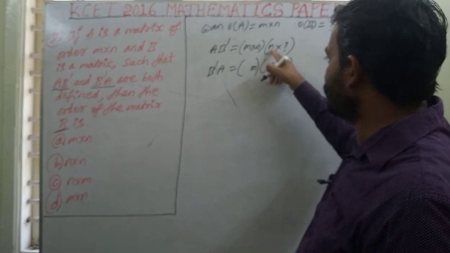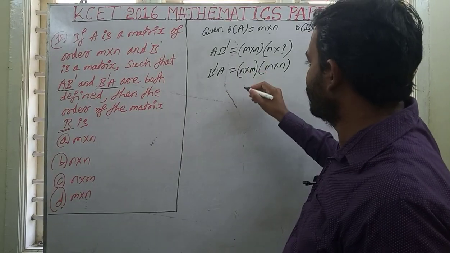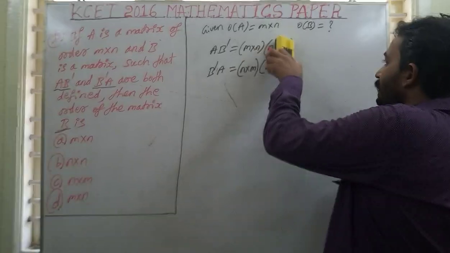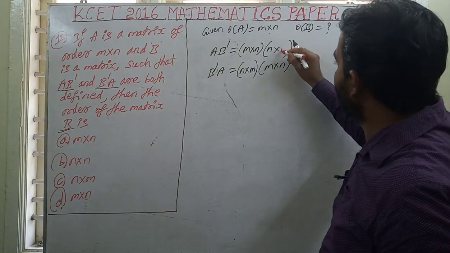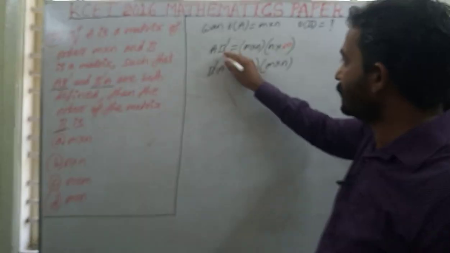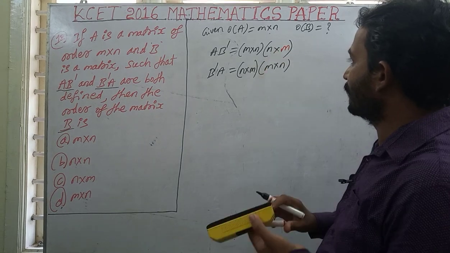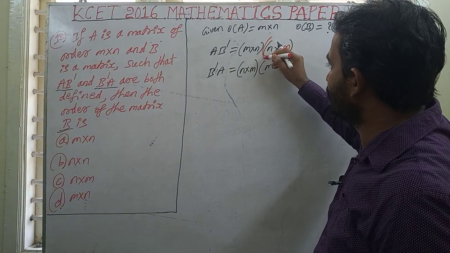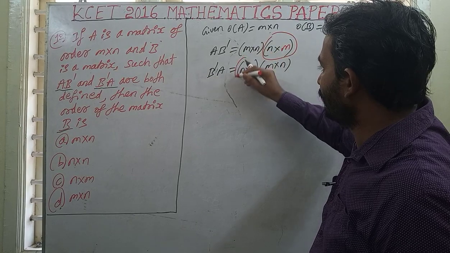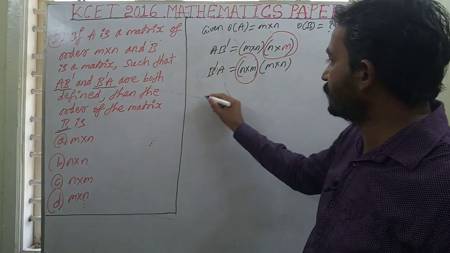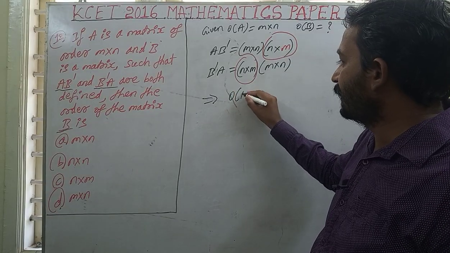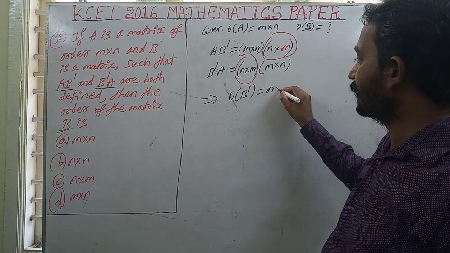Now we have found B dash, the number of rows is n. This is n cross m. Okay, so the order of B dash is n cross m. We obtained the order of B dash is n cross m.